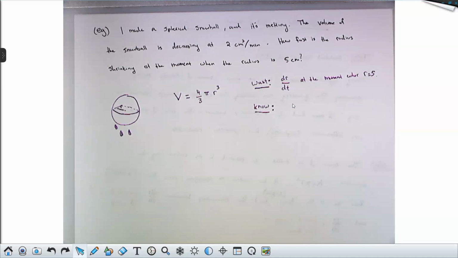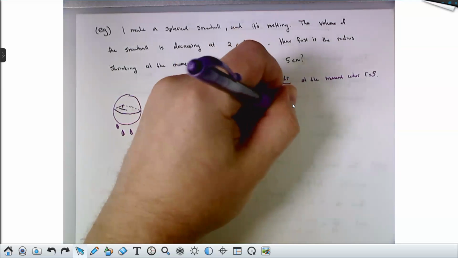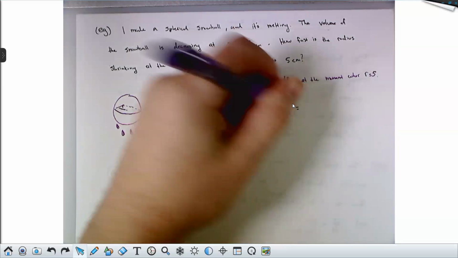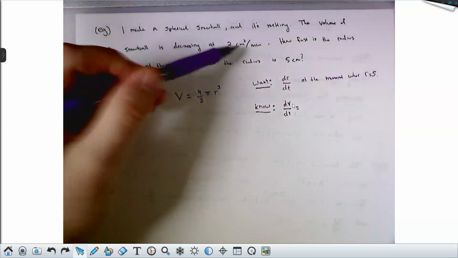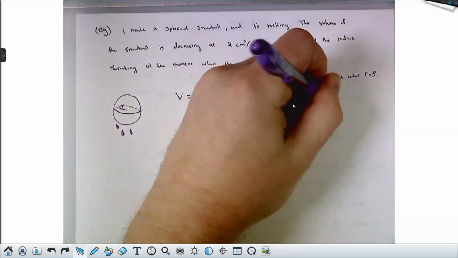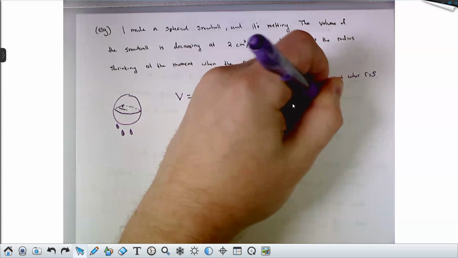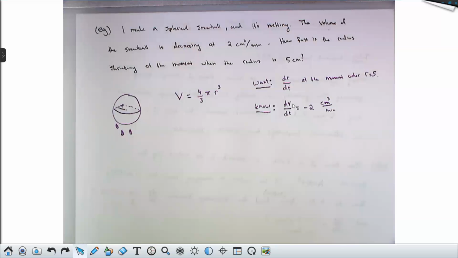Very good. In other words, dV dt, the rate of change for the volume, and I want to be careful here, it's decreasing at 2 centimeters cubed per minute. So I would say this is -2 cm cubed per minute. Negative rate of change means decreasing, right? Positive rate of change means increasing.